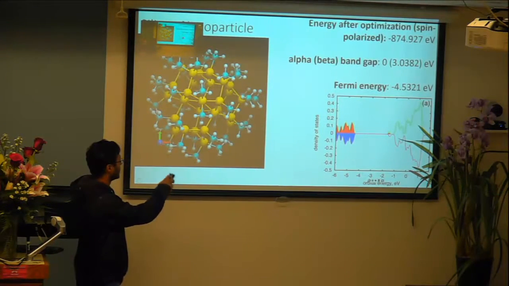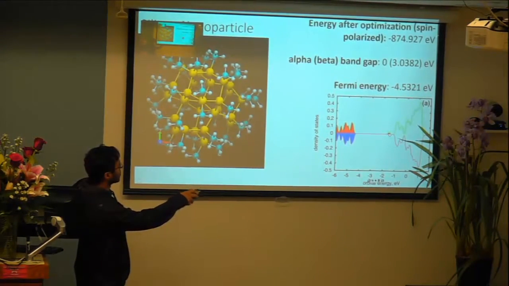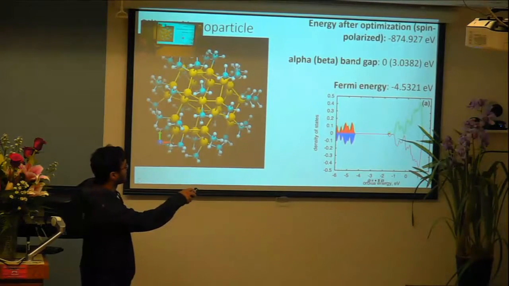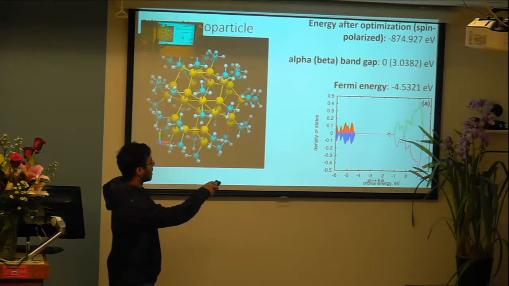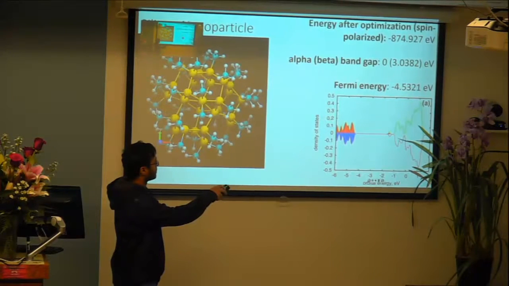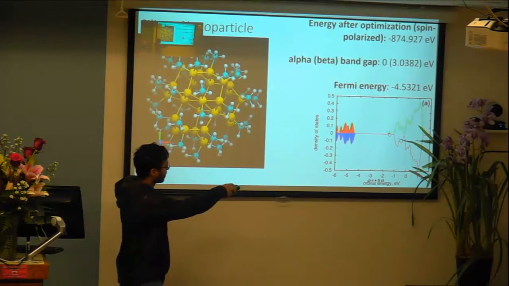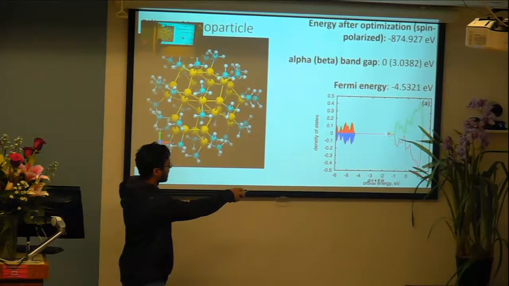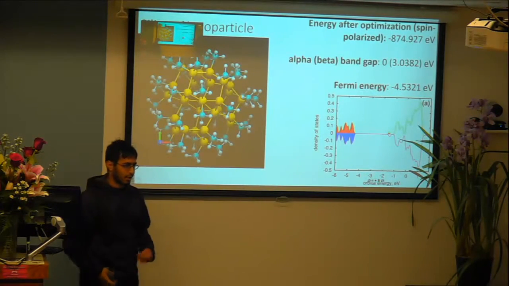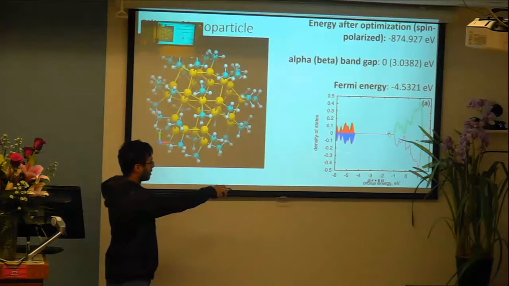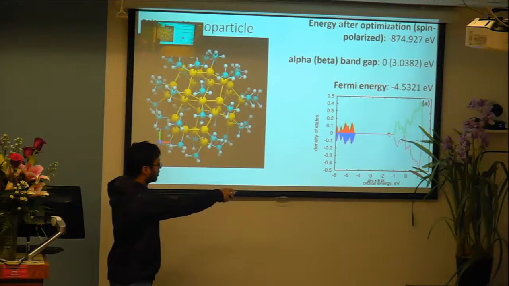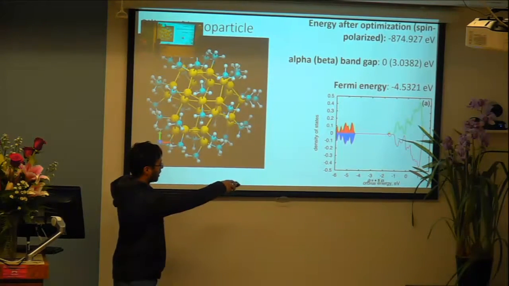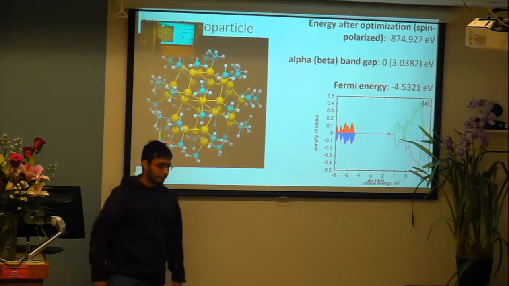You can see the total energy after optimization, as well as both the alpha and beta orbital band gap. The alpha represents the band gap for the red states in the density of states, whereas beta represents the filled blue states, all of the states below 0 on the vertical axis, and then finally the Fermi energy as well.